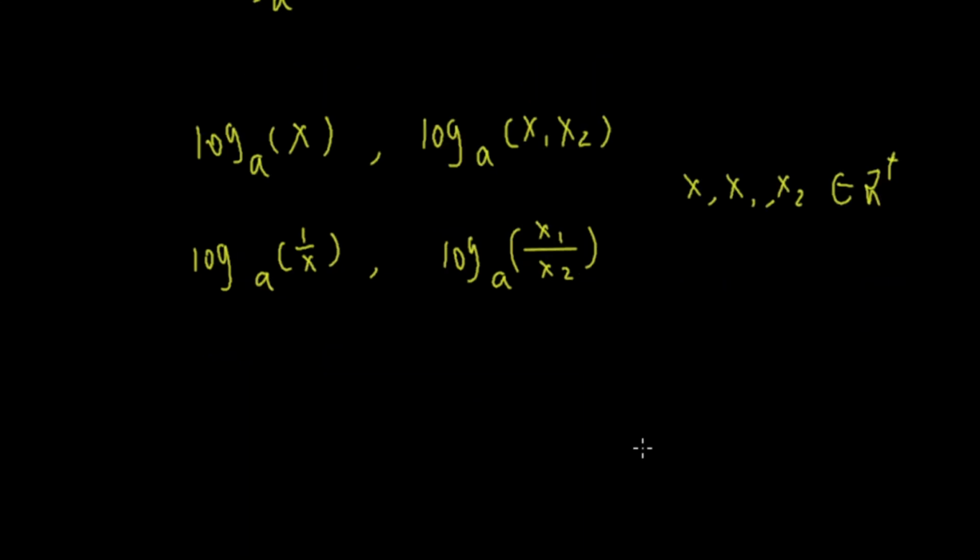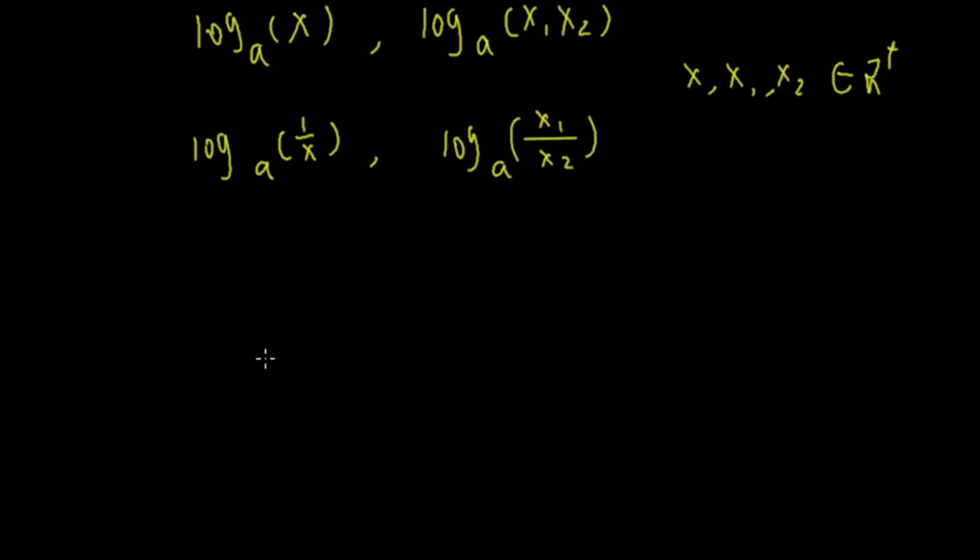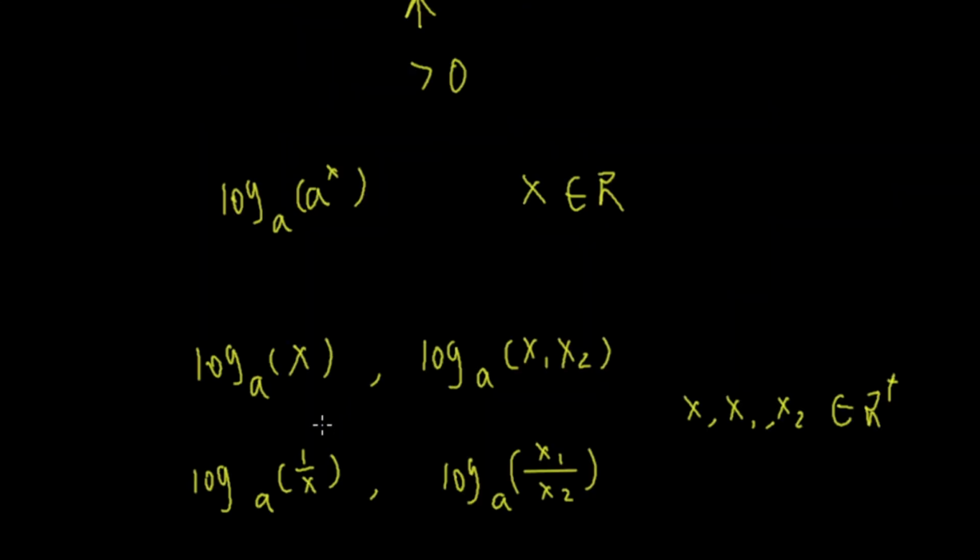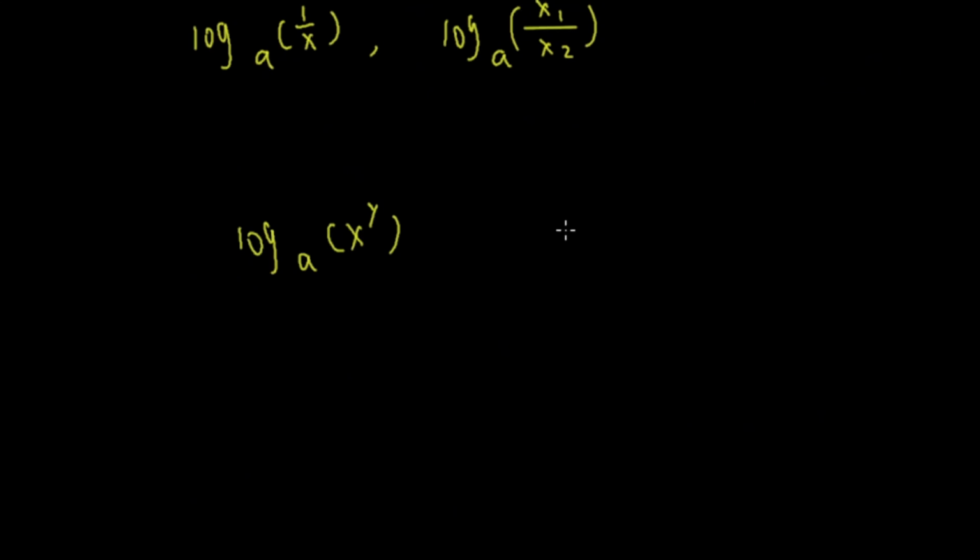How about this example here? Log x to the power of y to the base a. In this case, y can be positive or negative, similar to this one here. So I can say that y is all real numbers.